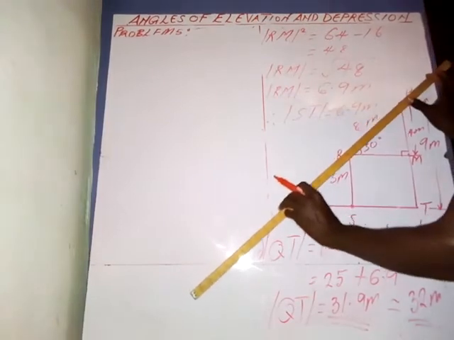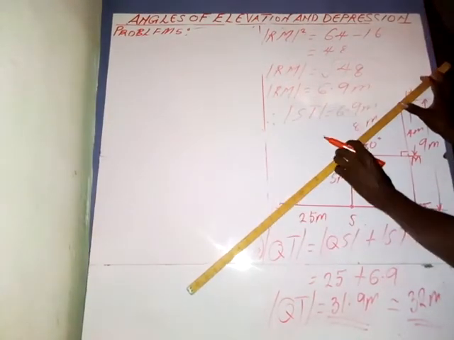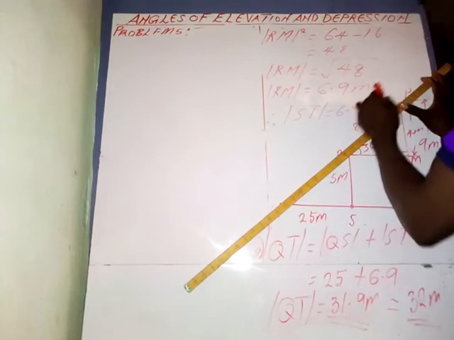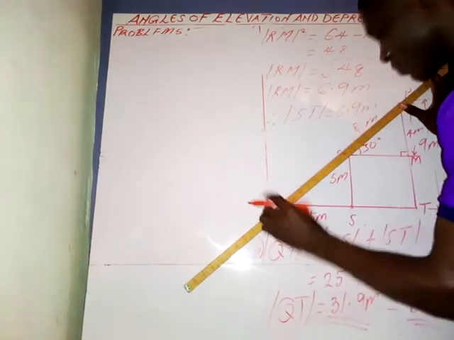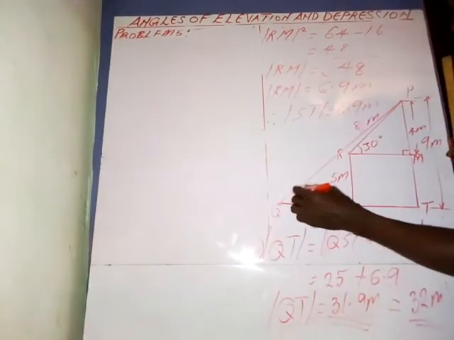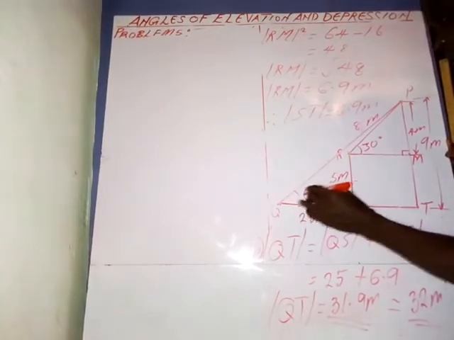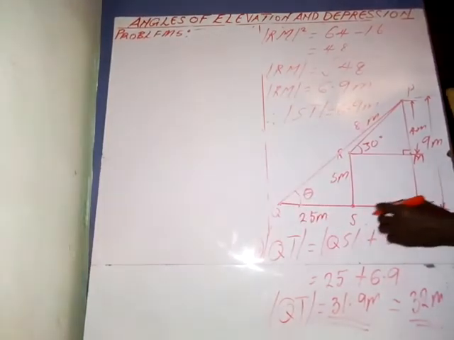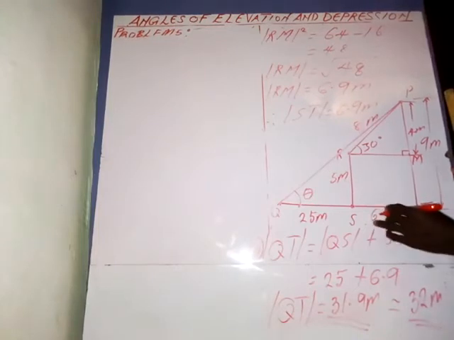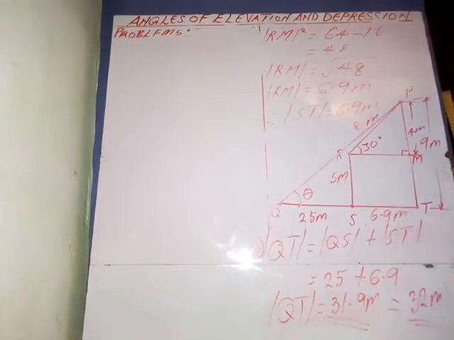I'm going to join Q and P together with a straight line. So it goes like this. So this angle is what we are looking for. We know that ST is 6.9 meters.